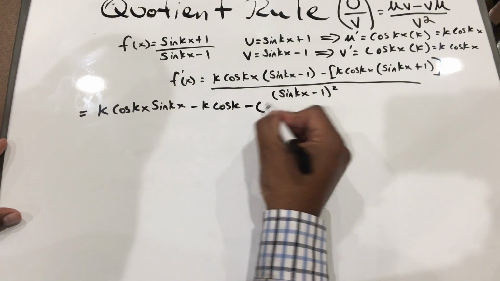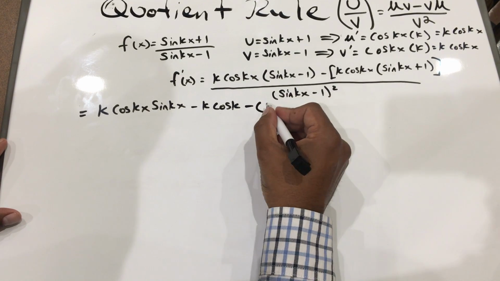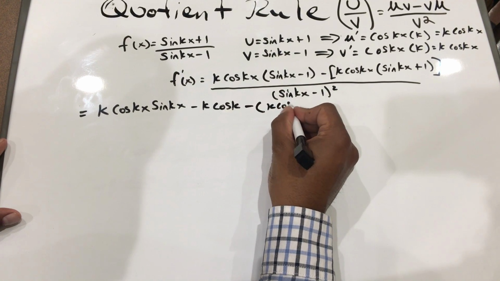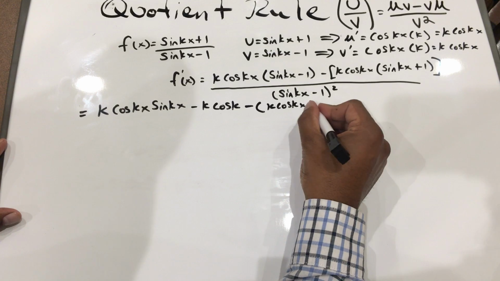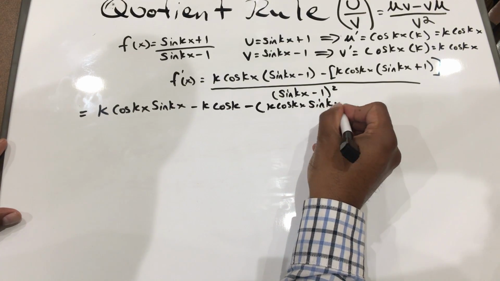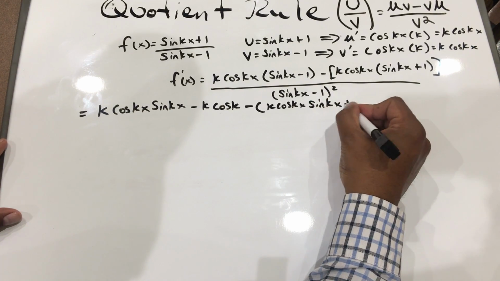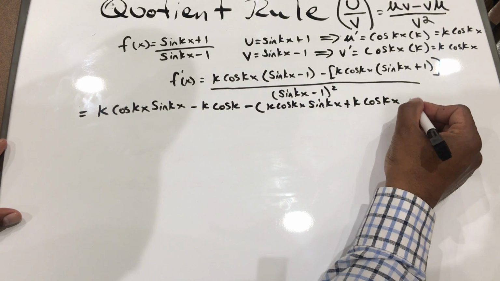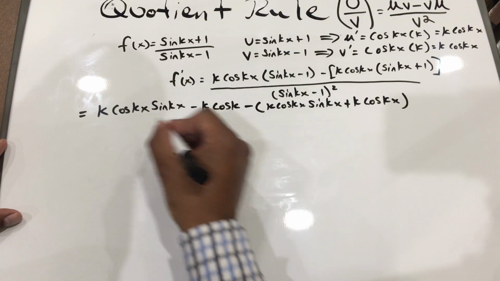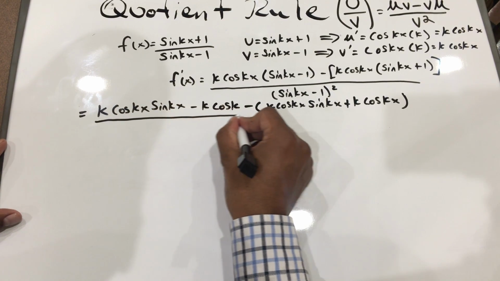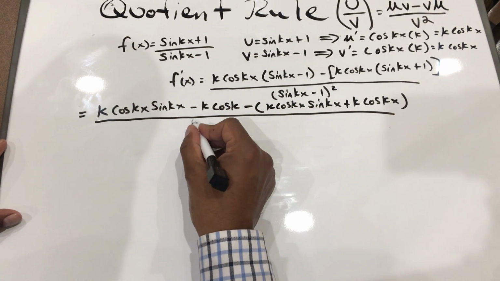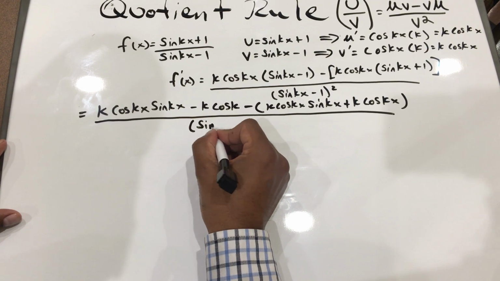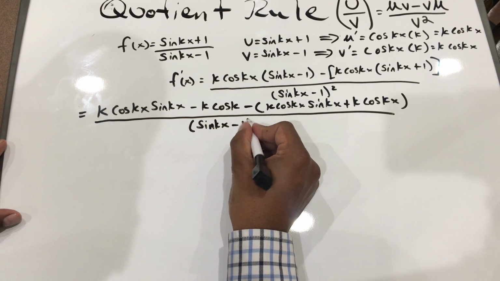Now I'm going to put a parentheses and I'm going to distribute this one. So we would have k cosine kx times sine kx plus k cosine kx. Close parentheses off. All divided by. Now the nice thing about this, we just leave our denominator alone to the power of 2.